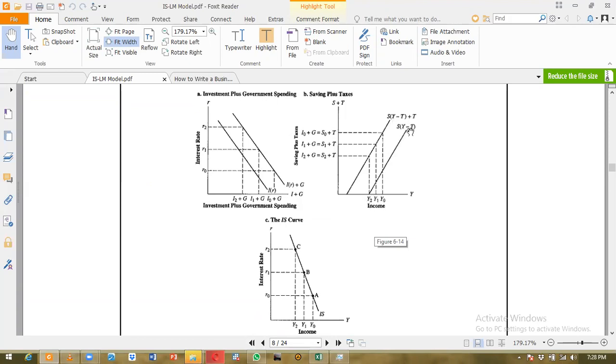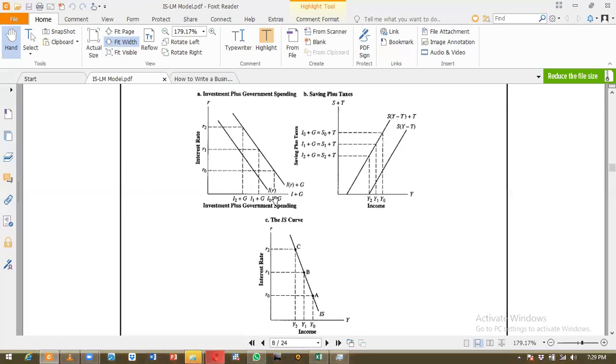Savings is a function of disposable income. Now we've added G, so at the same interest rate, the injection curve shifts to the right. So this is going to be the new curve for injection. And this will be the new curve for savings because there's an increase in tax too.